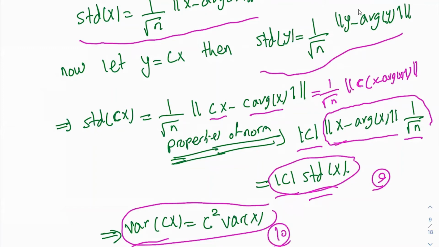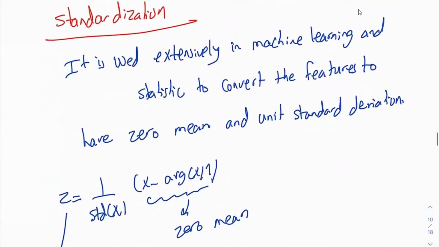Okay. Good. Let's talk about standardization, a technique that is widely used in the context of machine learning and statistics. It's used to reduce the range of the features, or normalize, or actually standardize, the features to zero mean and unit variance, or unit standard deviation.